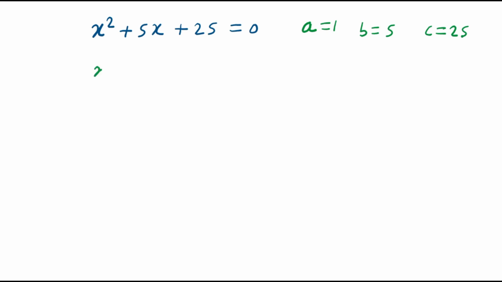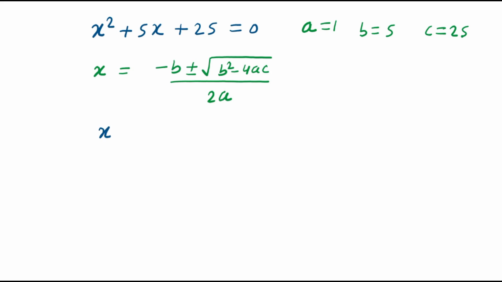The quadratic formula is x equals minus b plus minus square root of b square minus 4ac, divided by 2 times a.